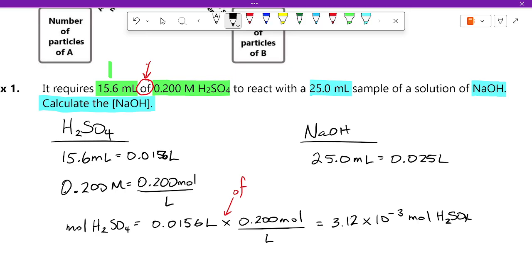So what we did is, number one, we find the moles of A.